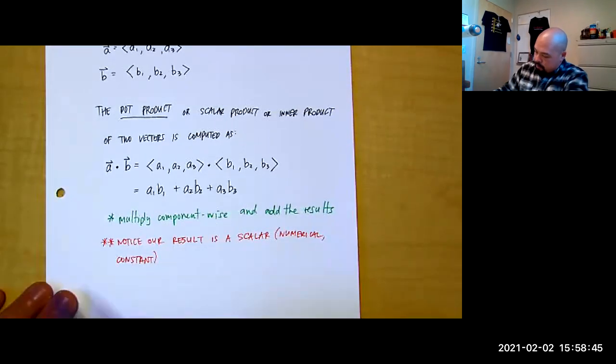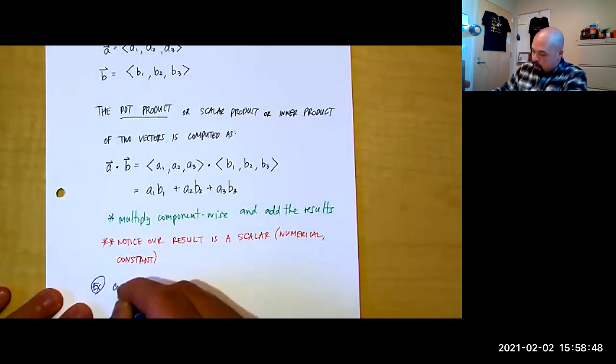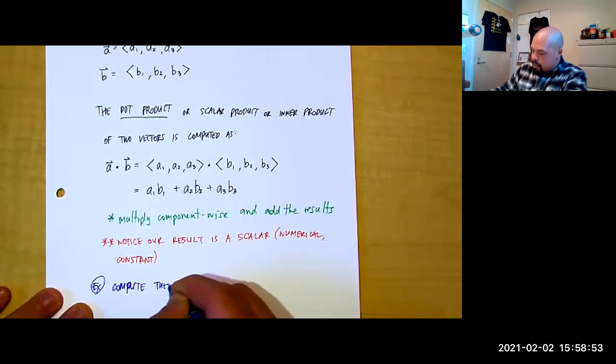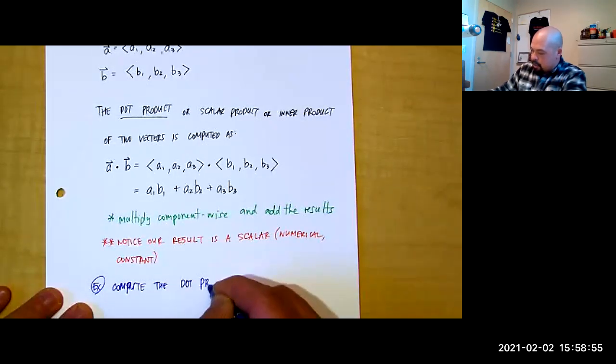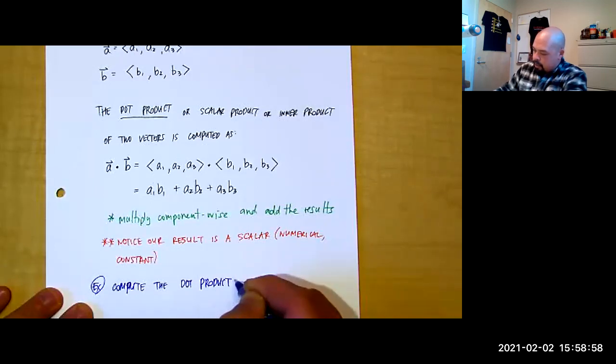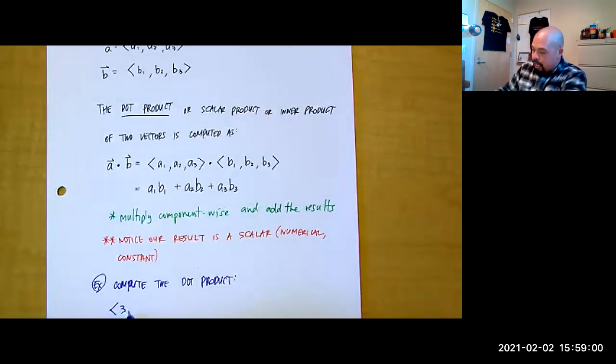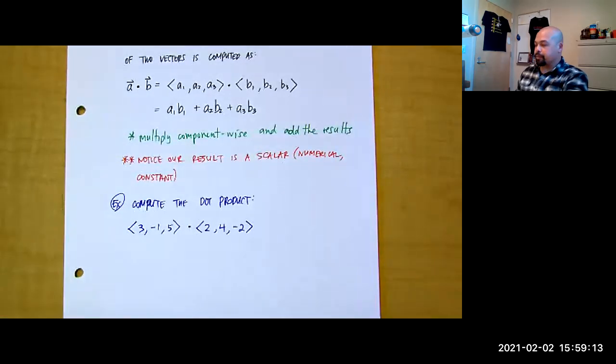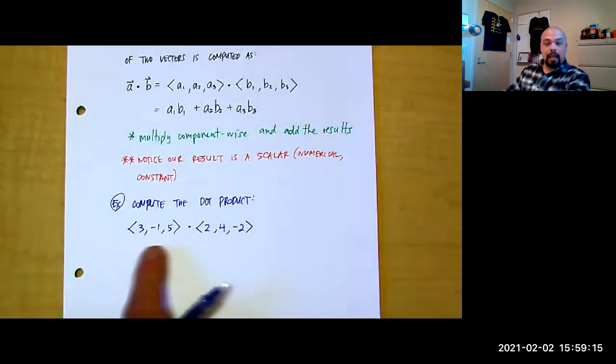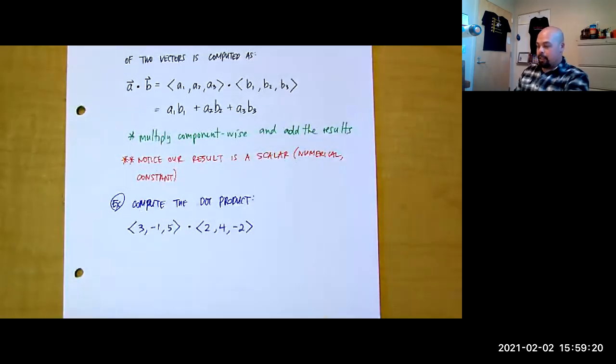So for example, if we want to compute the dot product taking, let's say, <3, -1, 5> dotted with <2, 4, -2>. This is like our A vector and B vector, dotting those together.